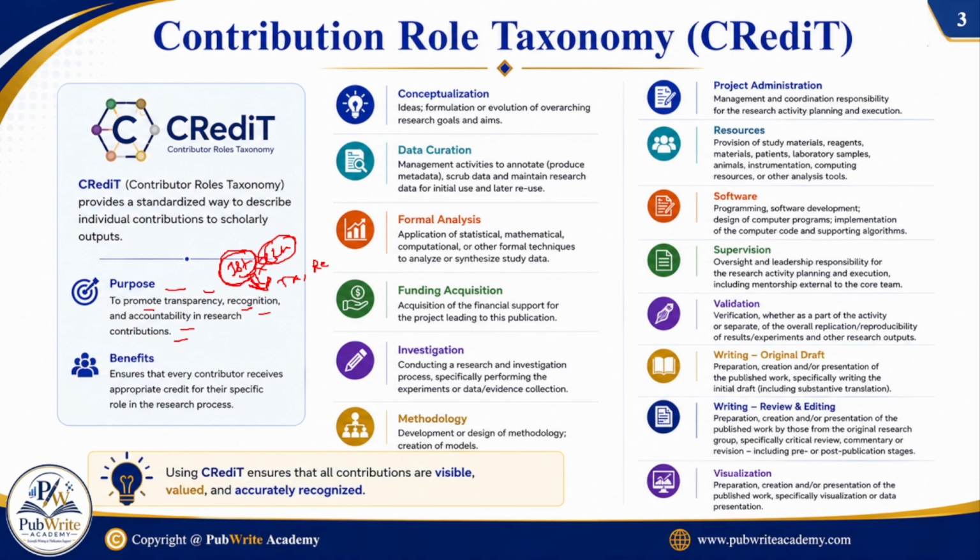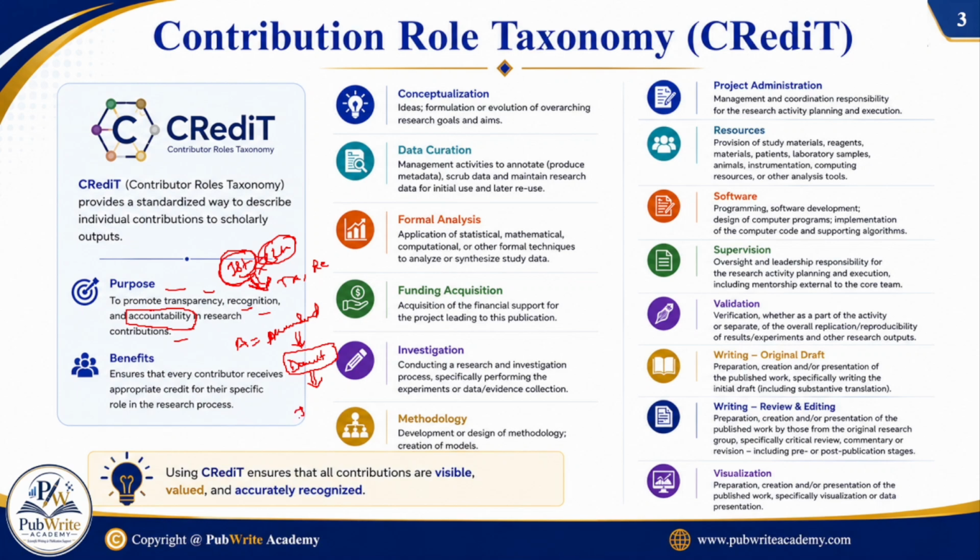Another very important word you need to understand: when I was sharing the ICMJE recommendation regarding authorship, there was one criterion of authorship, accountability. If you don't know what kind of work was performed by a particular author, then you don't know who will be responsible or accountable for that part.